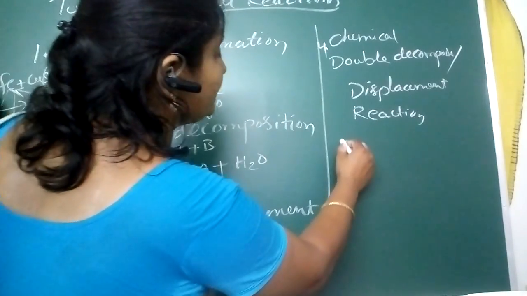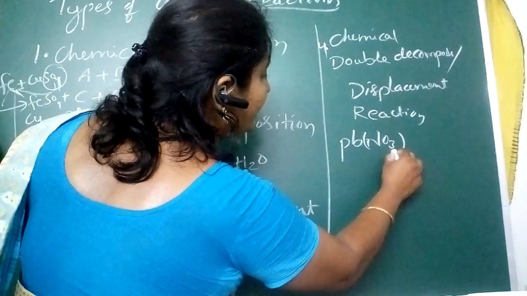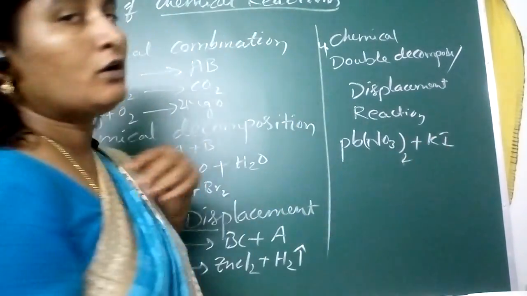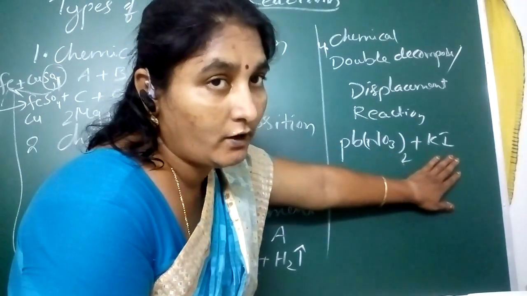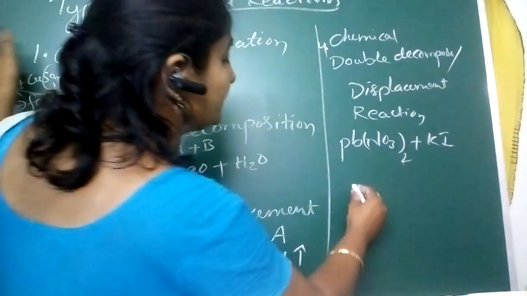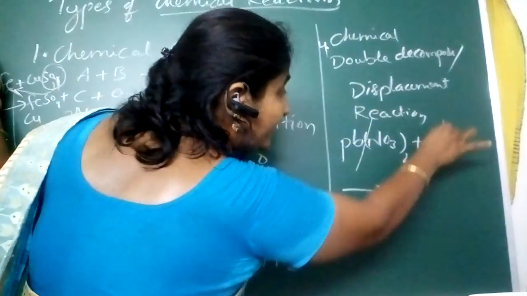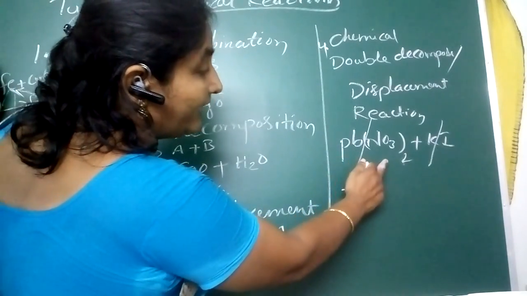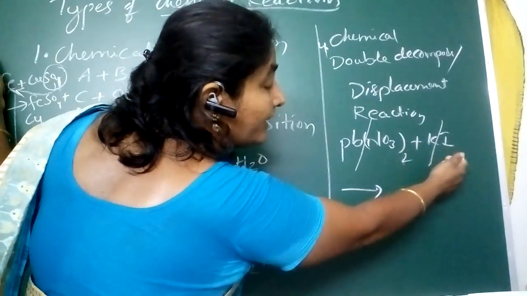A good example for this one is lead nitrate, Pb(NO3)2, and potassium iodide. These are the 2 complex substances, we know that. Lead nitrate and potassium iodide combine with each other. Then 2 times decomposition takes place. That means lead nitrate decomposes into Pb and NO3, and potassium iodide decomposes into potassium and iodide.